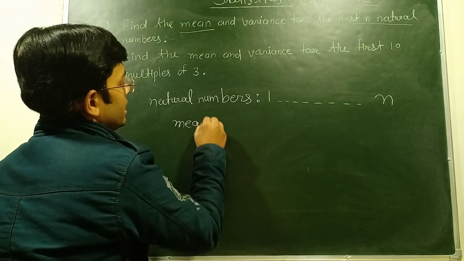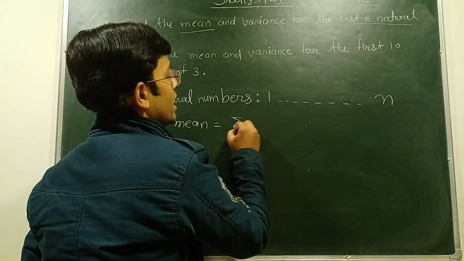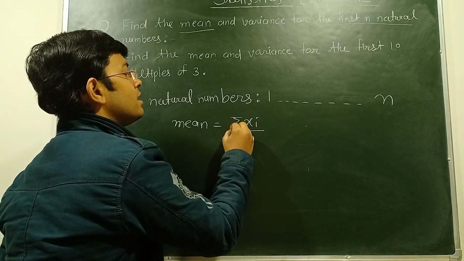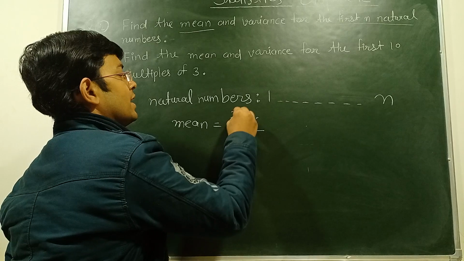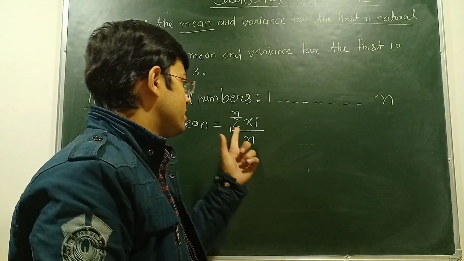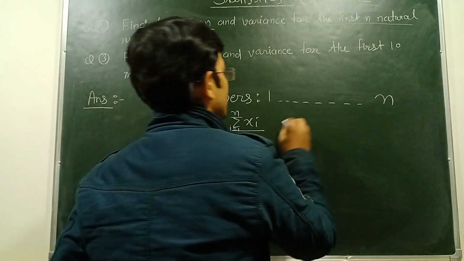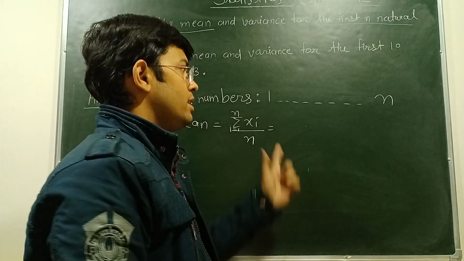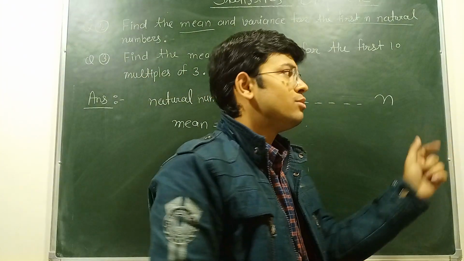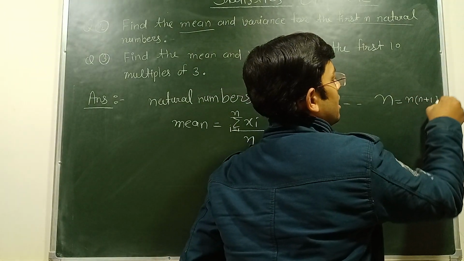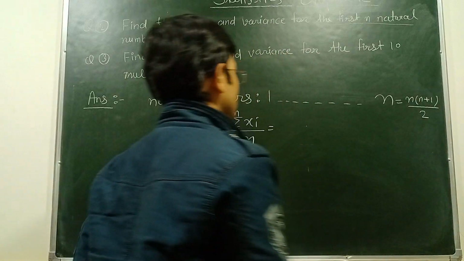Now when we find the mean, we have to write the formula of mean, sigma xi upon n, where sigma is the total of the values. So we know that when we add all the values, we get n into n plus 1 divided by 2.